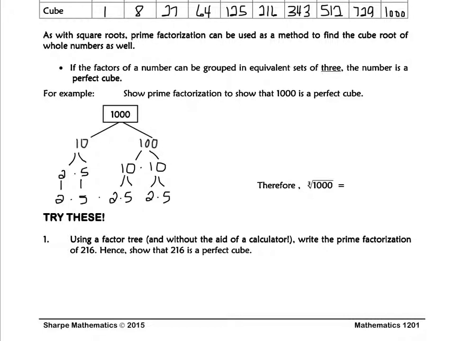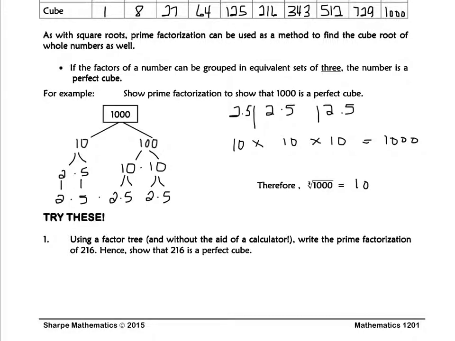So if we split it up this time into 3 groups, because it's a perfect cube, there are 3 2's and 3 5's. So basically that gives you 10 times 10 times 10 is 1,000. So therefore the cube root of 1,000 would be 10.